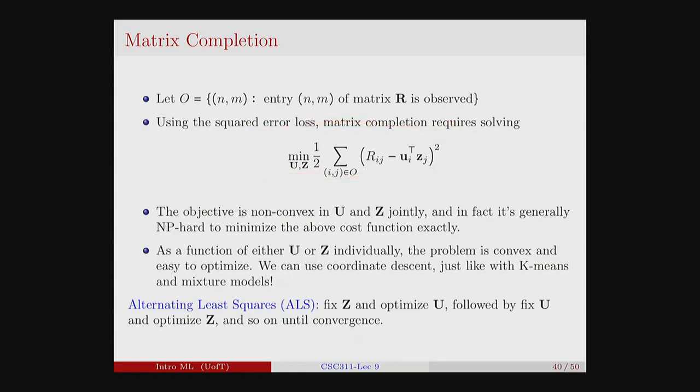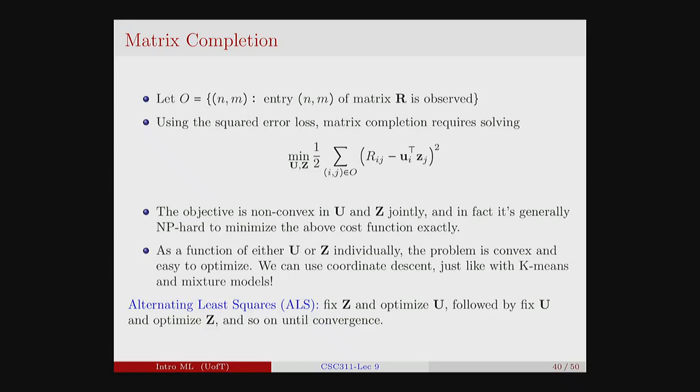So we want to find two factors, factor u and factor z, to minimize the summation over i, j in O. So these are the observed entries of our ratings matrix of R_ij minus u_i transpose z_j. So these are the parameters of our unsupervised learning problem now, and this is the loss function for matrix completion from partially observed matrices.